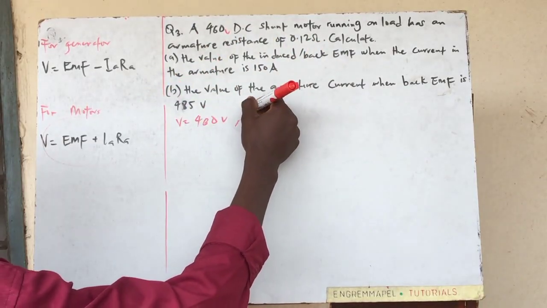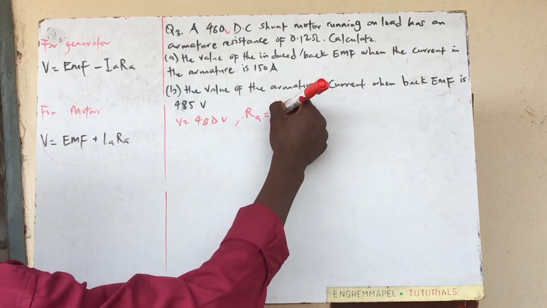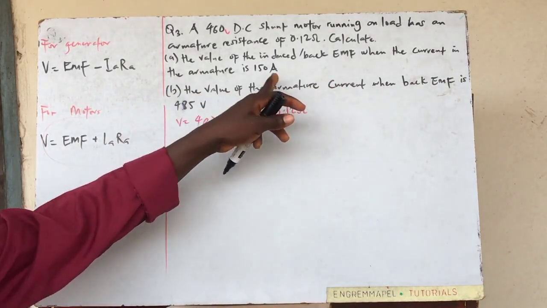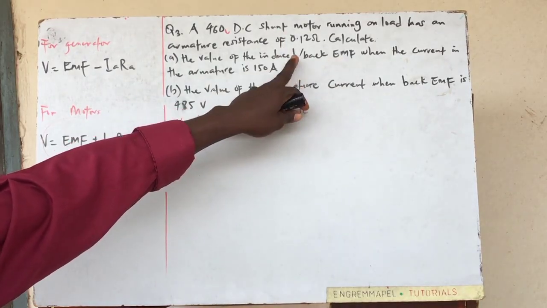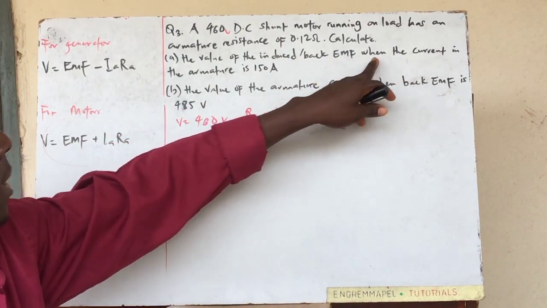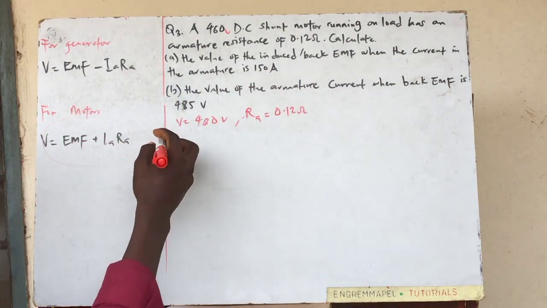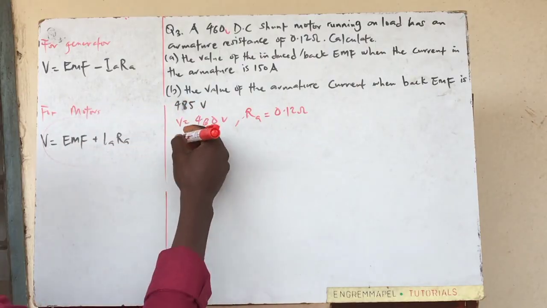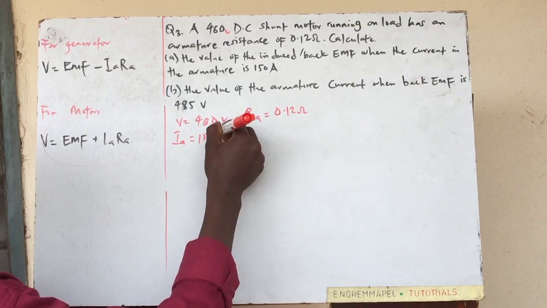Now armature resistance, that's RA, of 0.12 ohms. And we are asked to calculate the value of the induced EMF. We are looking for the EMF of this motor, and they said the current in the armature is 150 ampere. Now in this case they've given us the current in the armature, that's the IA. They've given the IA here as 150 ampere.